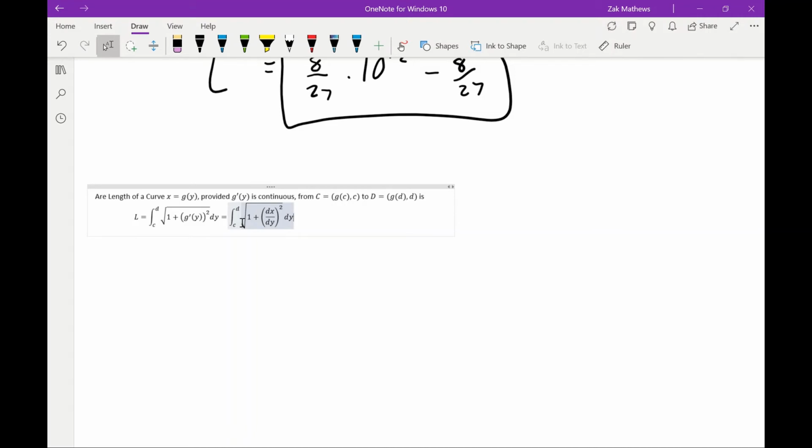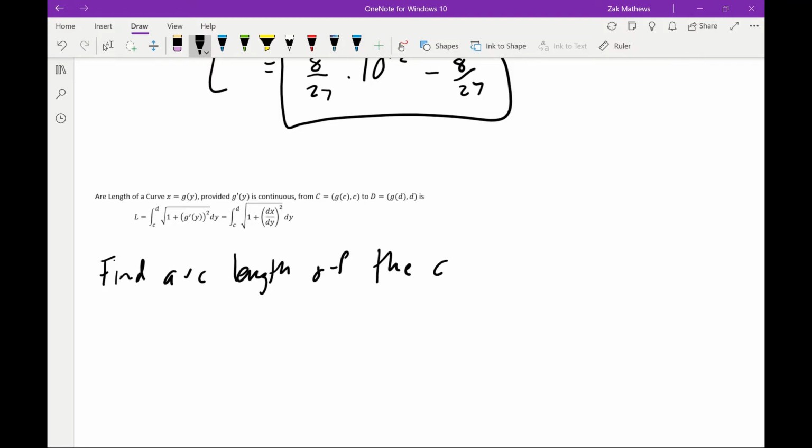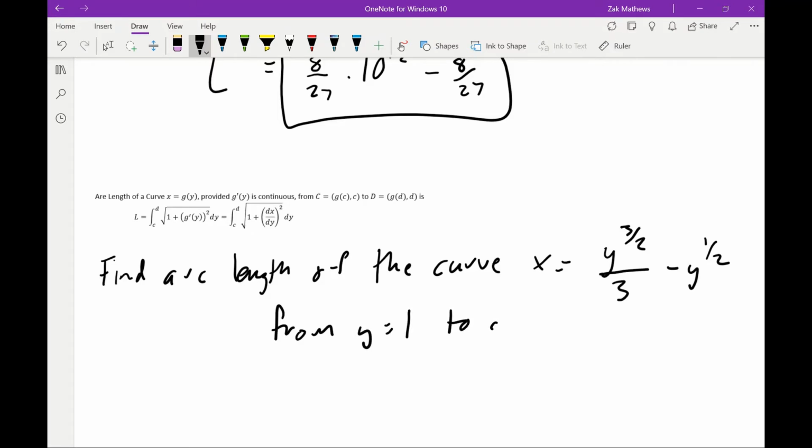Let's take an example here. Let's say we want to find the arc length of the curve x is equal to y to the 3 halves divided by 3 minus y to the 1/2, from y is equal to 1 to y is equal to 9.